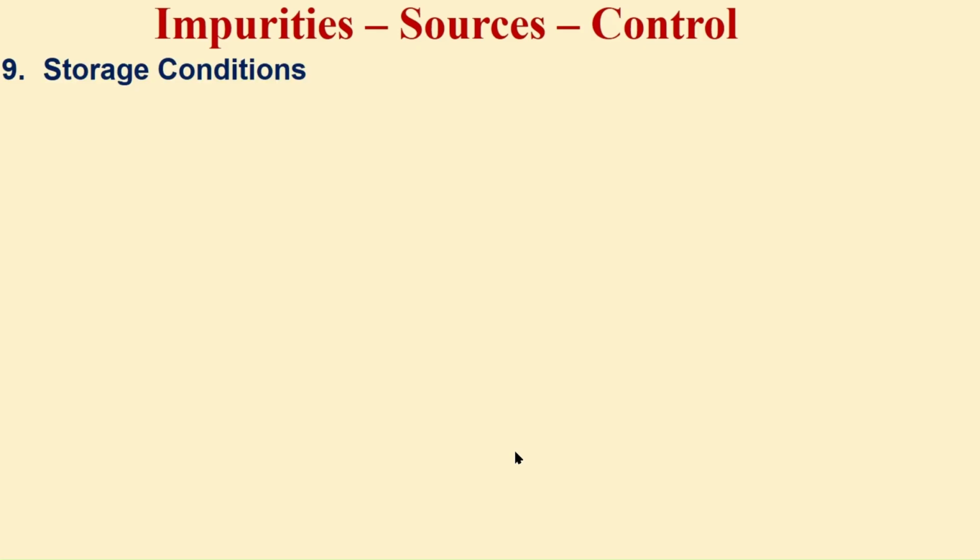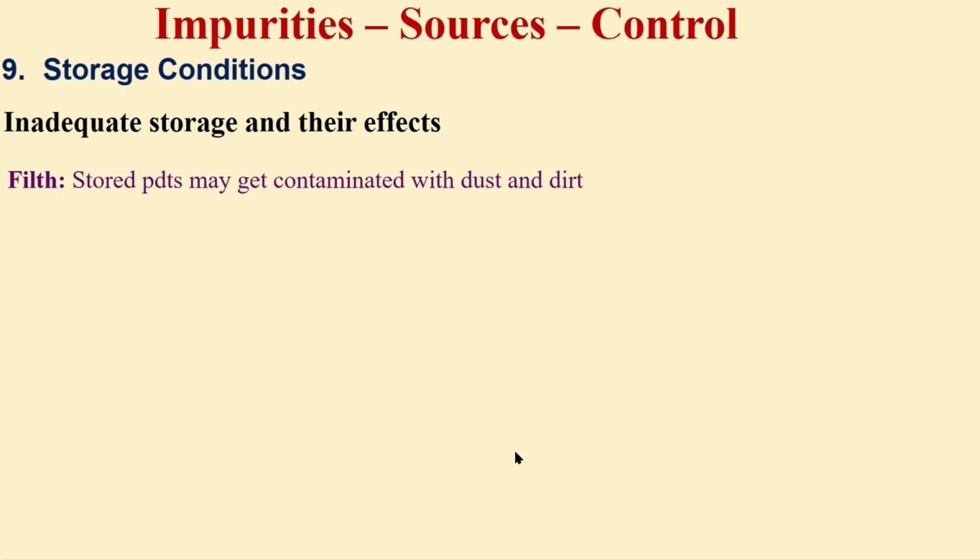The storage conditions include inadequate storage conditions when it is not properly stored. It is kept open without the cap. The stored products may get contaminated with the dust and dirt present in the atmosphere, which affects the quality of the product and the efficiency of the product.